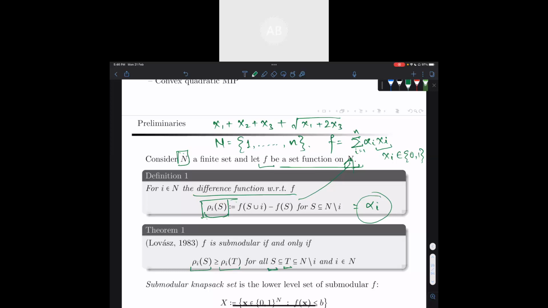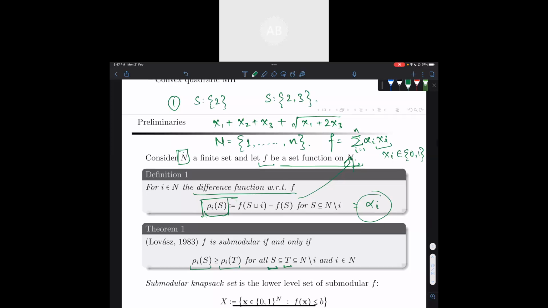So if you see, the contribution of 1 when your S is just 2 is bigger than when your S is 2 comma 3, right?